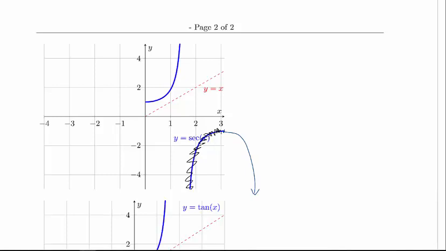Okay, another thing that we note is that we do have a vertical asymptote right here. And this vertical asymptote is described by the line x equals pi over 2.